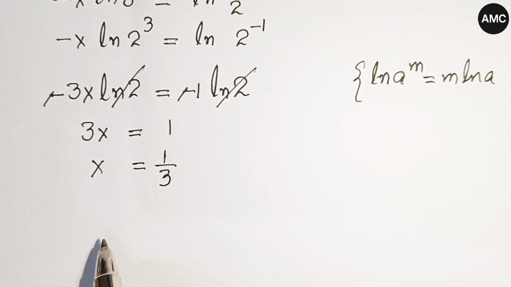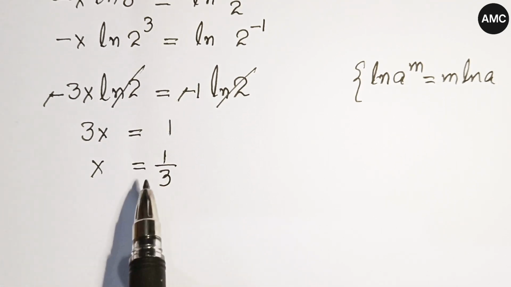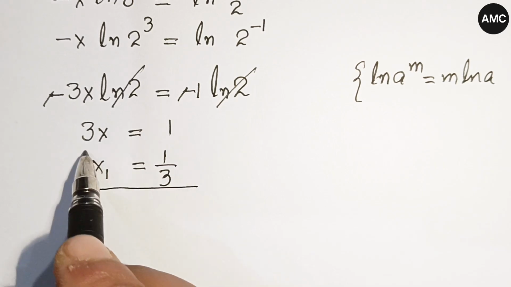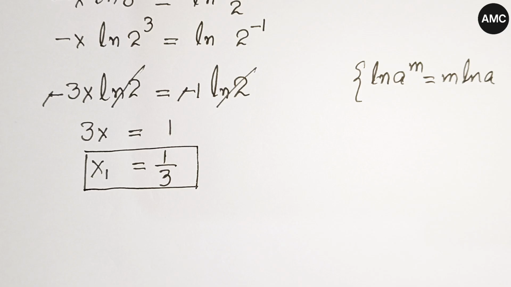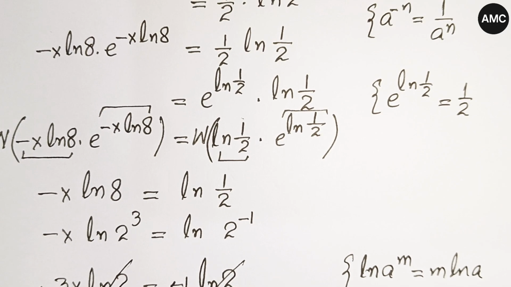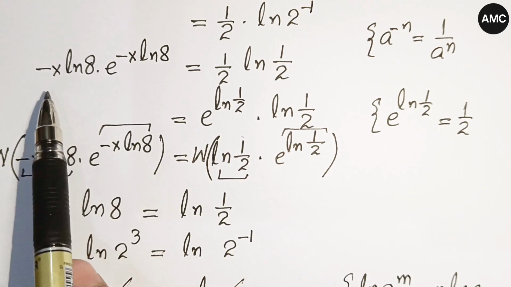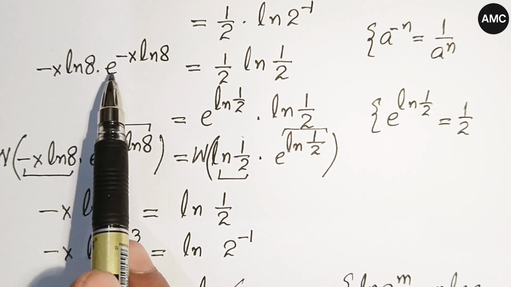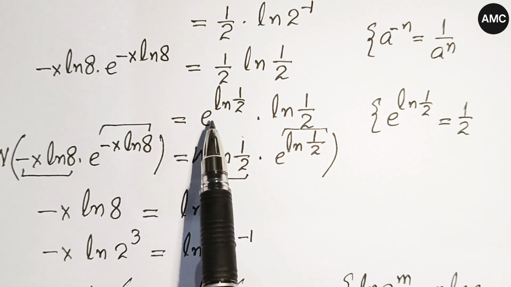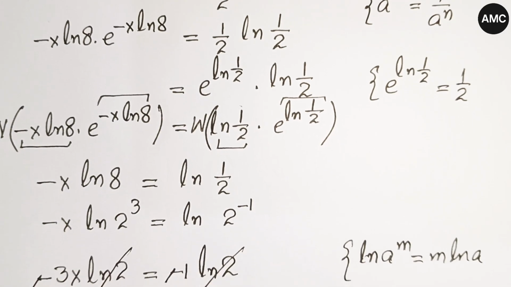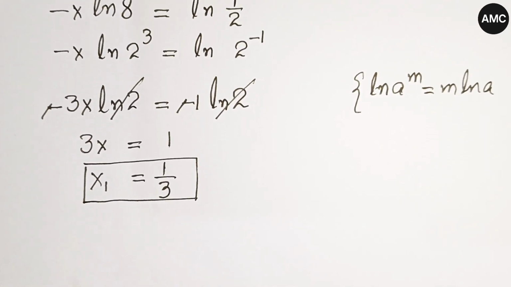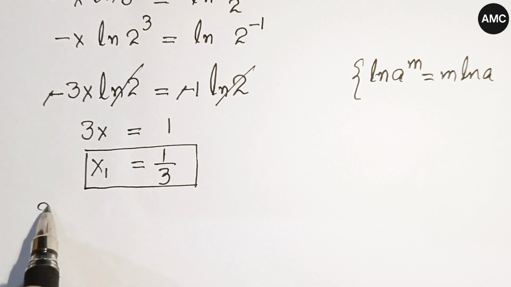So here we can also find the second solution of this one. Let's say x1 is 1 over 3. Now we use this equation, minus x natural log of 8 times e to the power minus x natural log of 8, equal to this one. Now we are going to find another solution, that is the second solution.